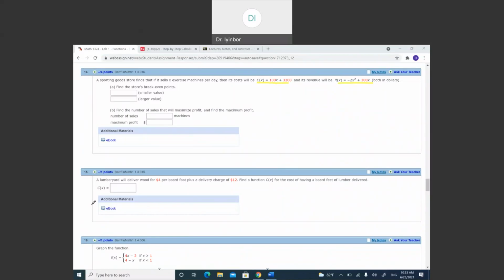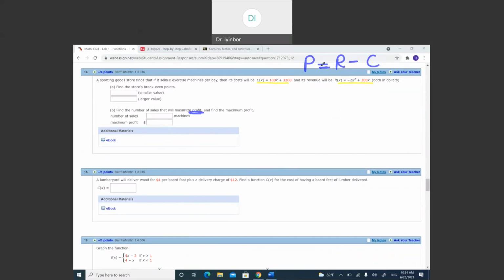Now the next one, part B, they're asking to find the maximum profit. And profit is revenue minus cost. So the profit function is when you subtract the cost from the revenue, revenue minus cost, and that gives you the profit.